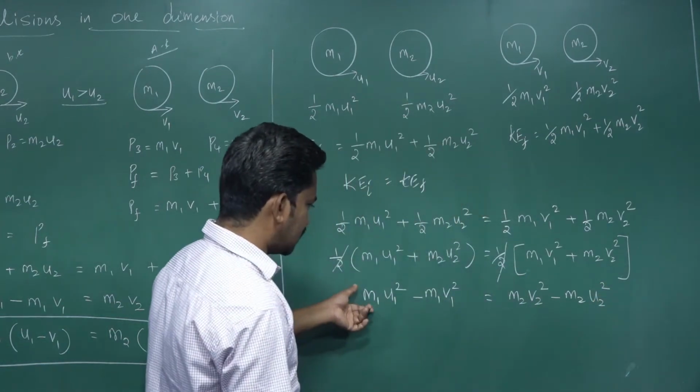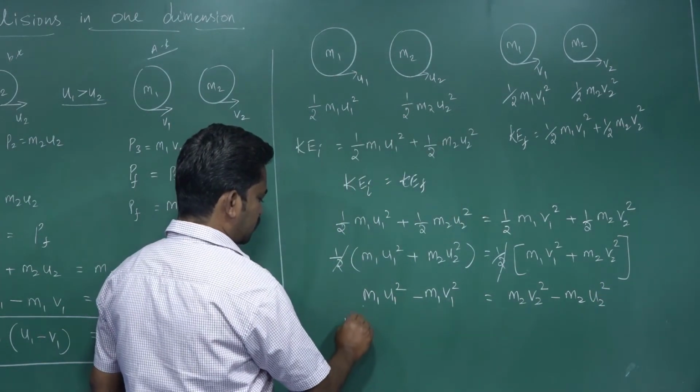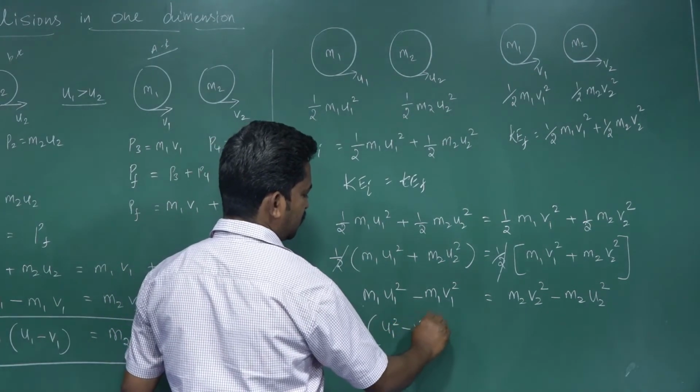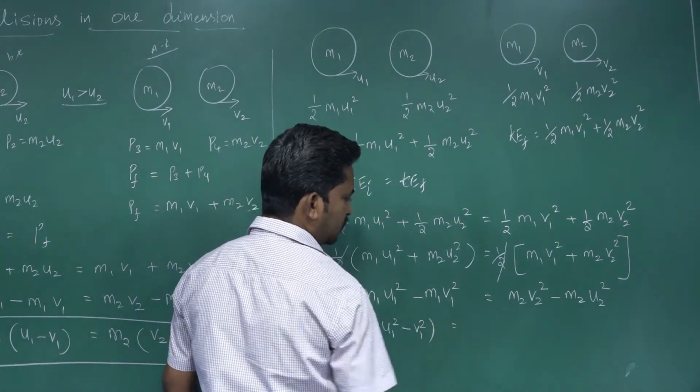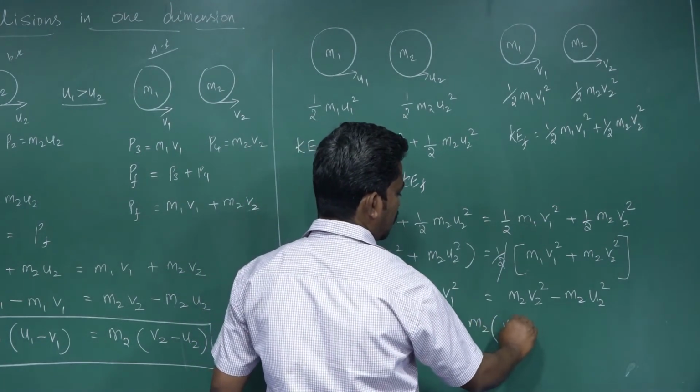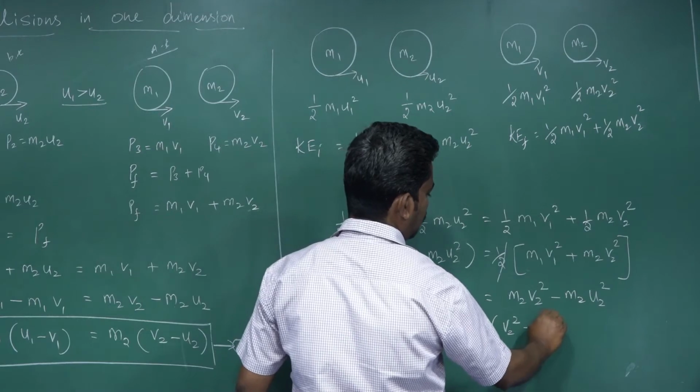The common factor is m1, so m1 of u1 square minus v1 square is equal to m2 of v2 square minus u2 square.